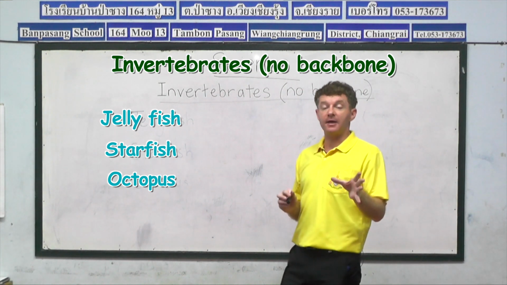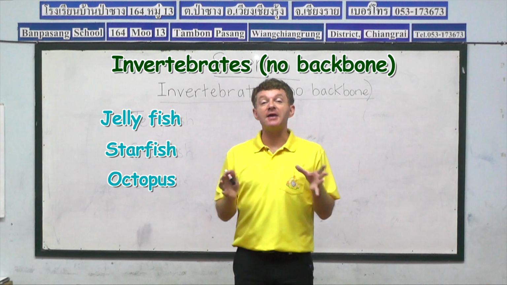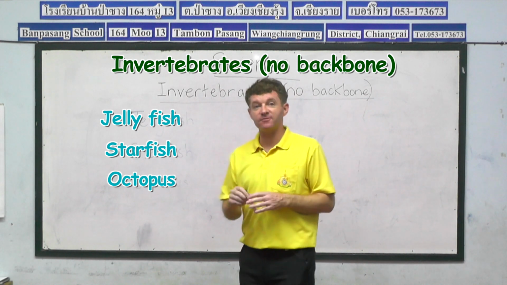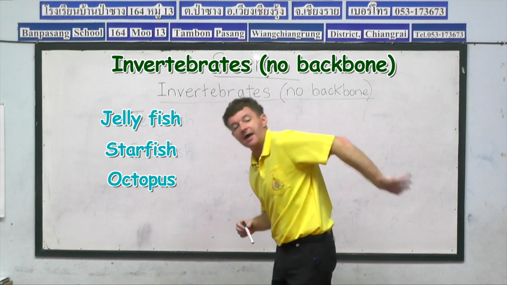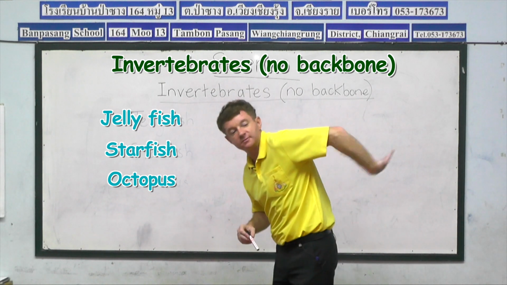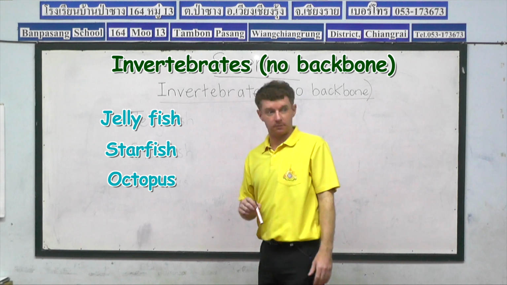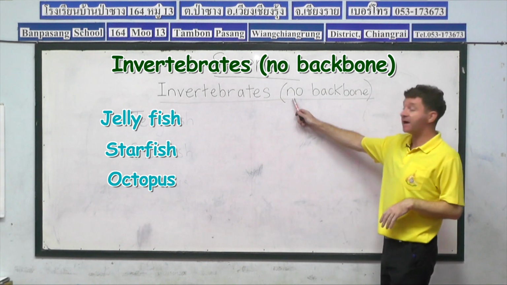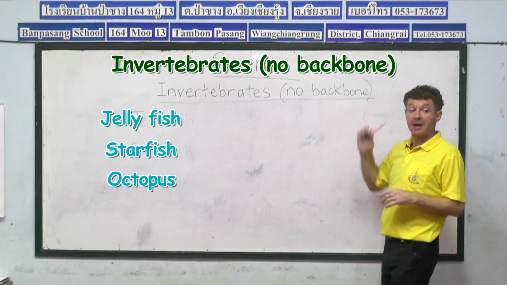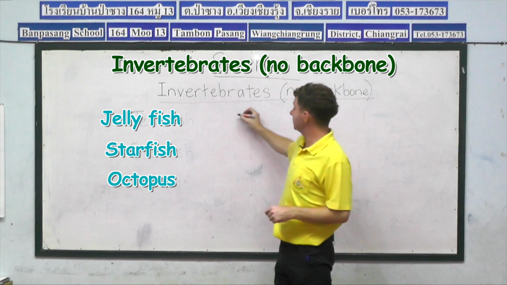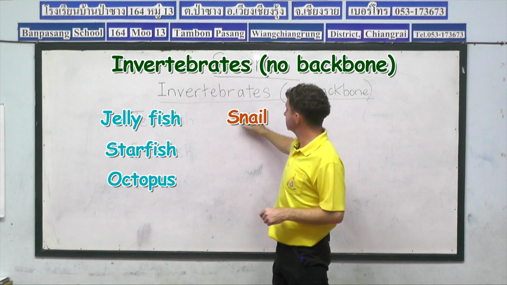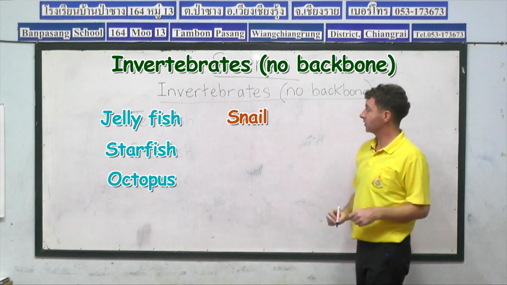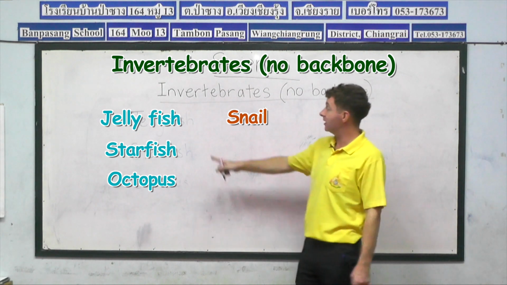Yes, a snail is the type of animal that is a mollusk. And a mollusk is a type of invertebrate. What do they have on their backs, guys? What do snails have? A big shell. And that's to protect their bodies because they have no backbone. So we can say snails too. S-N-A-I-L.